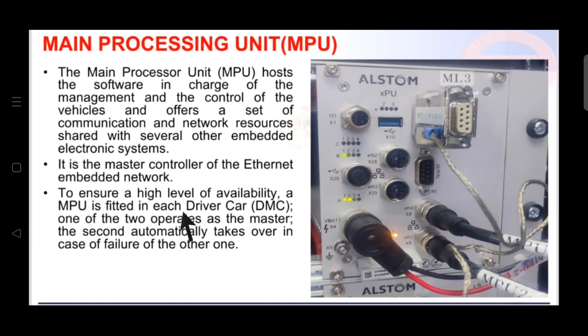To ensure a high level of availability, an MPU is fitted in each driver car, right? One of the two operates as the master, and the second automatically takes over in case of failure of the other. One is fitted on the DMC1 side and another one has been fitted on the DMC2 side.